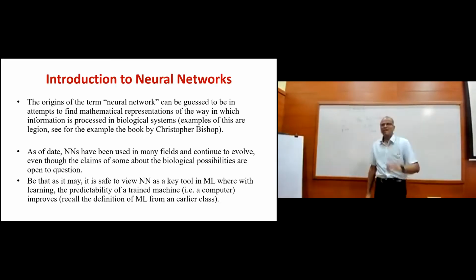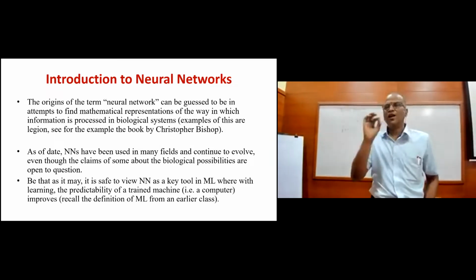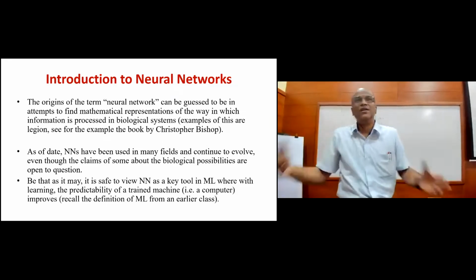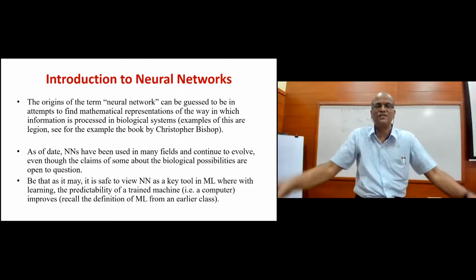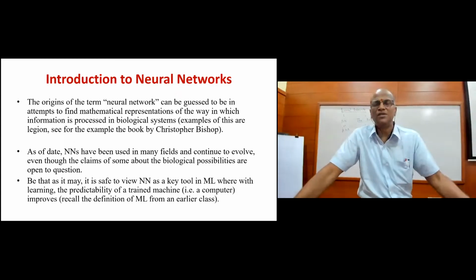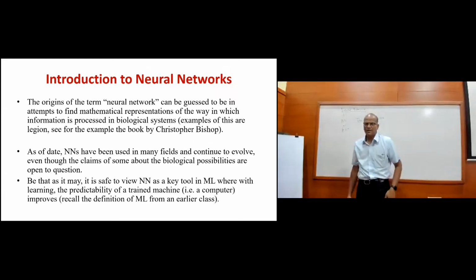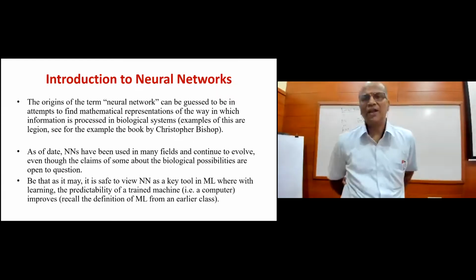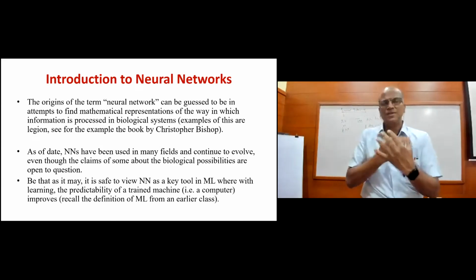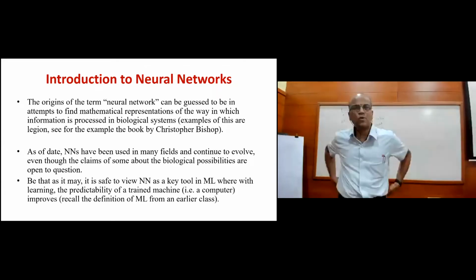All right. Let's start with an introduction to neural networks. The origins of the word neural network. Why did they start? This is basically something in computational statistics, where they want to see how input variables and output variables can be related. So why did the term neural network arise? The origins of the term can be traced to early attempts to find mathematical representations of the way in which information is processed in biological systems.